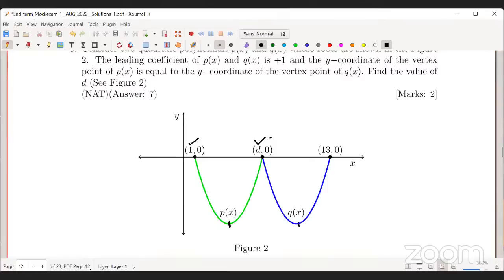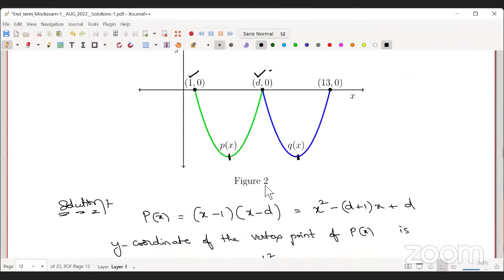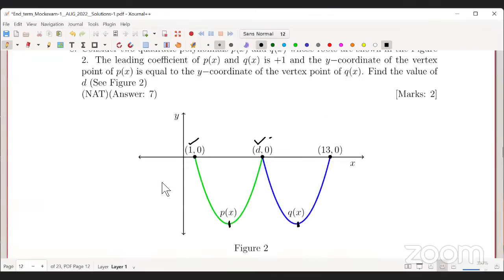Then you need to find the value of D, right? You know both the roots of P(x), 1 and D, and the leading coefficient of P(x) is 1. This is also given.